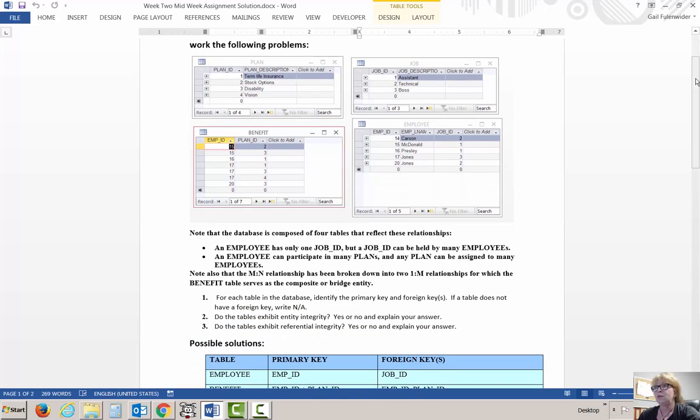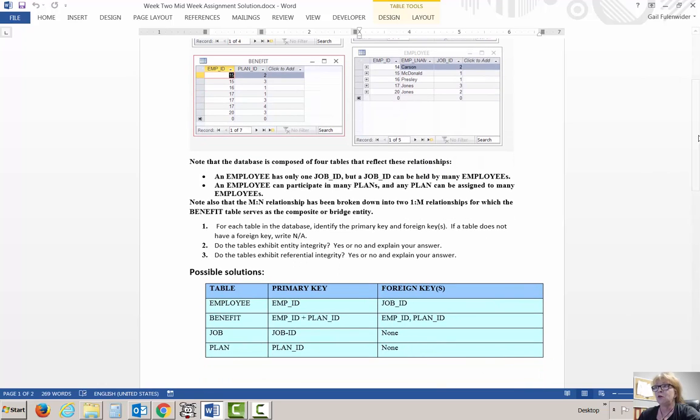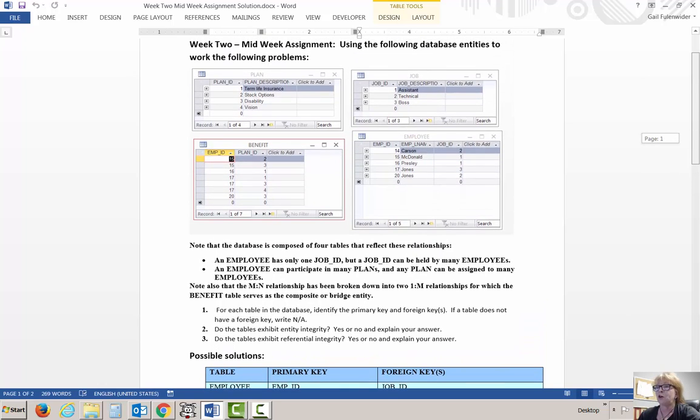Now again, it only refers to the ones that have foreign keys. We don't have foreign keys in 2, so we would not refer to any referential integrity for those. However, the job ID is the same format in job and employee, so we would have referential integrity here.